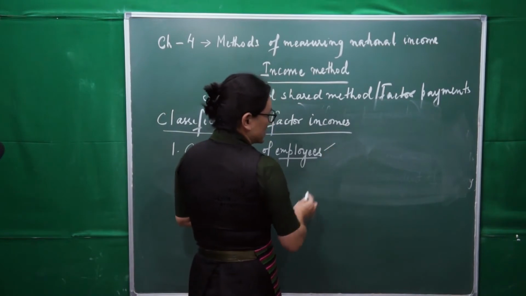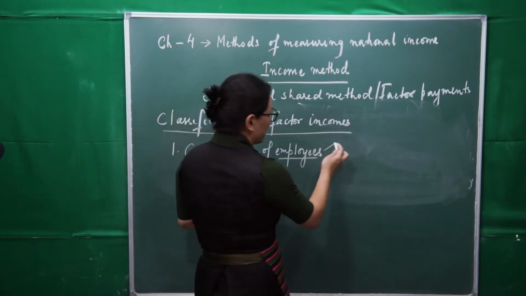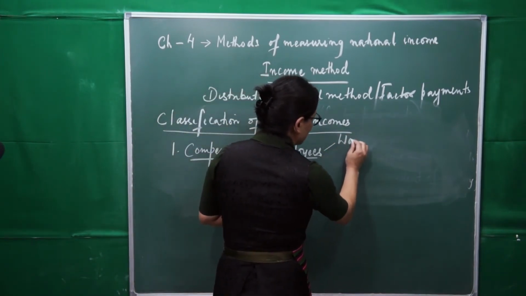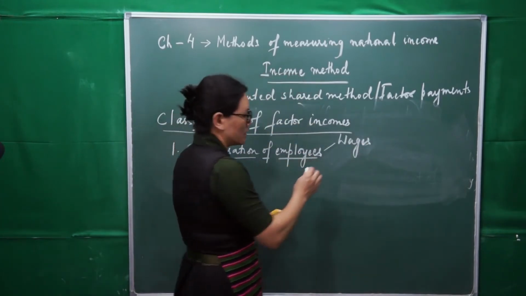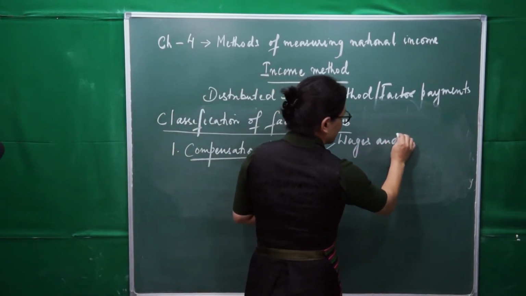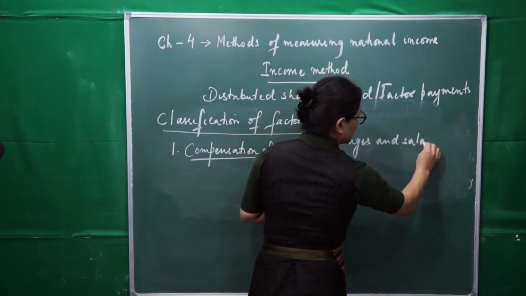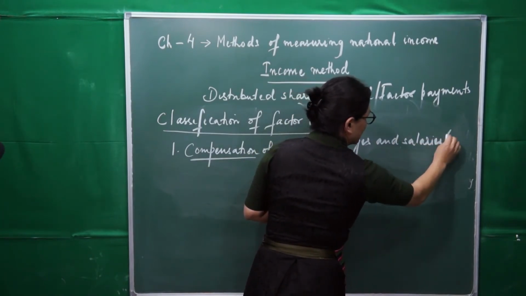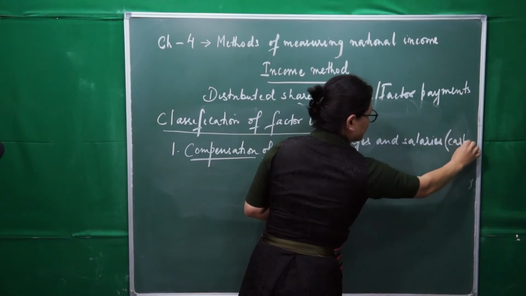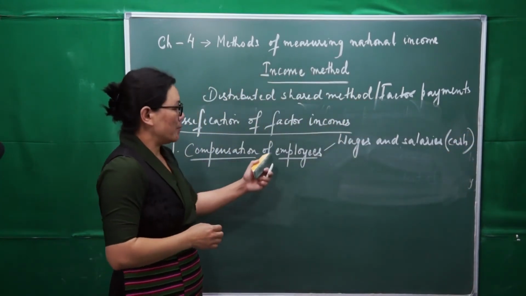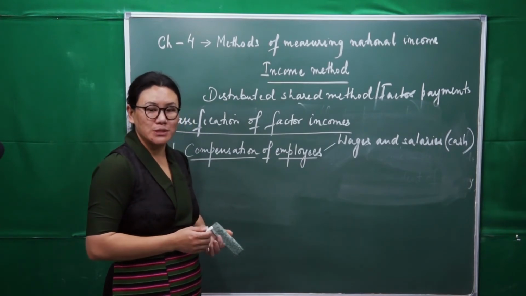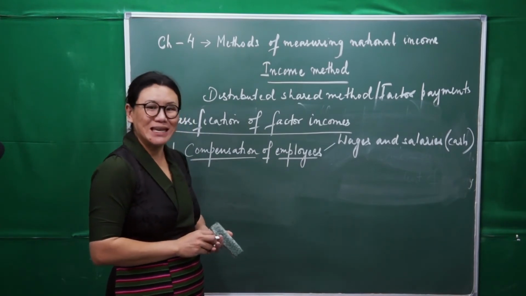First one, under compensation of employees, is that employees get wages and salaries in cash. Okay, employees get wages and salaries in cash.